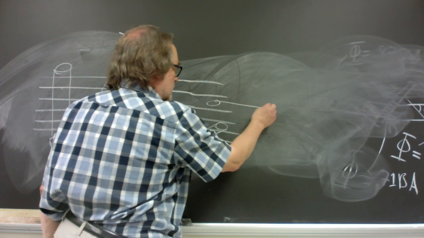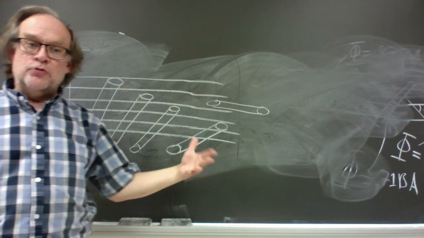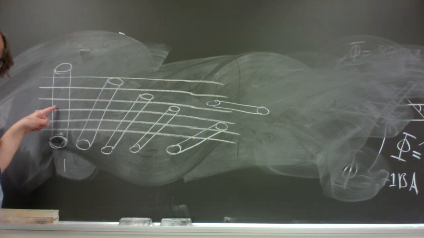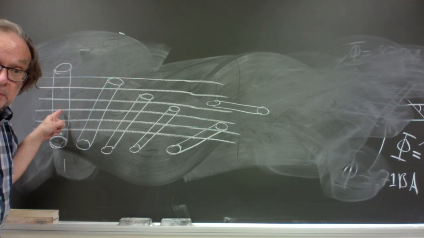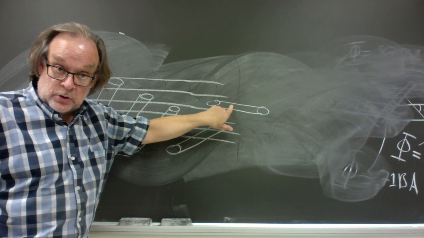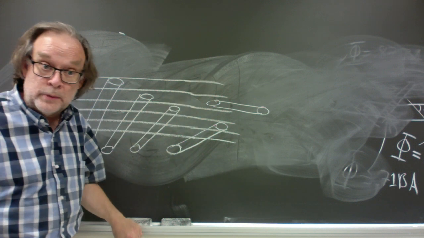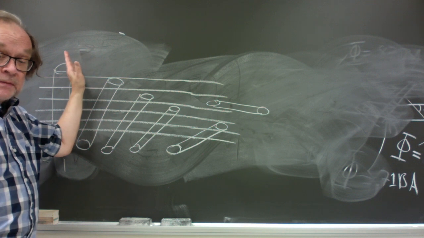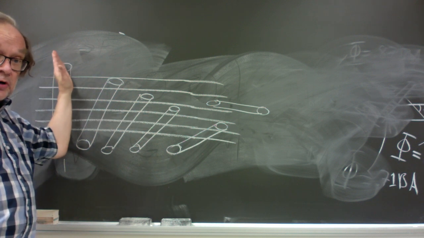And then obviously if the field is perpendicular to the axis of the loop, you have no field lines passing through. Well, this situation corresponded to the maximum possible value of flux, and this corresponds to the minimum value of flux, 0.